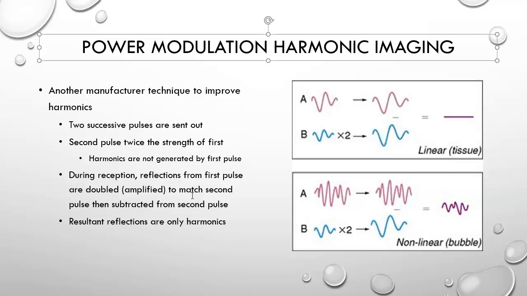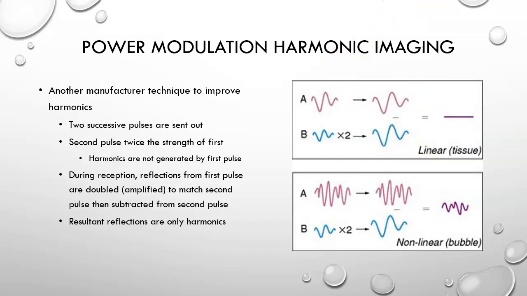Now, an interesting thing that is shown on this picture, which we haven't covered yet, is that in general, this pulse and power modulating harmonic imaging technique is used for contrast bubbles. Contrast bubbles produce very, very strong harmonic signals.